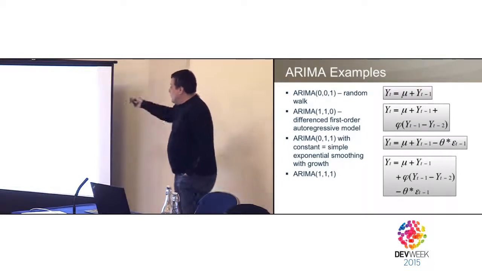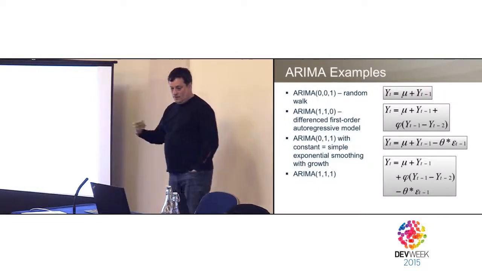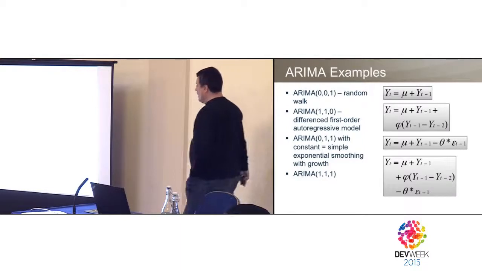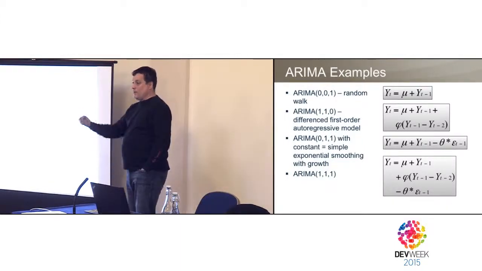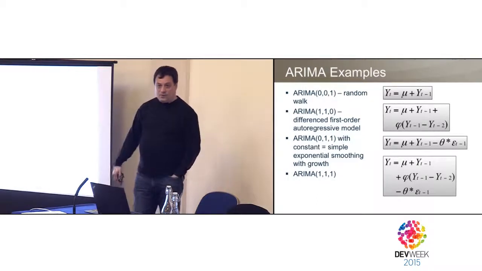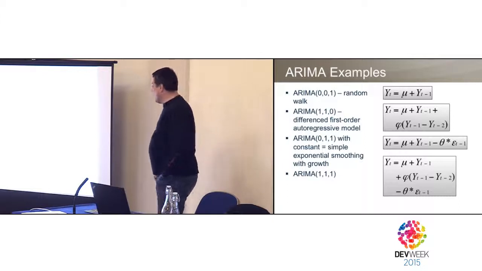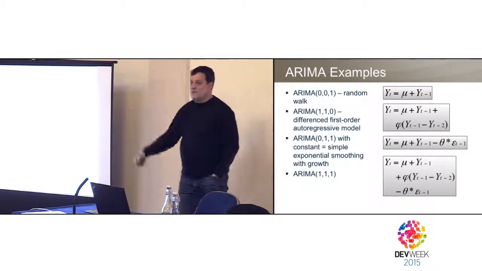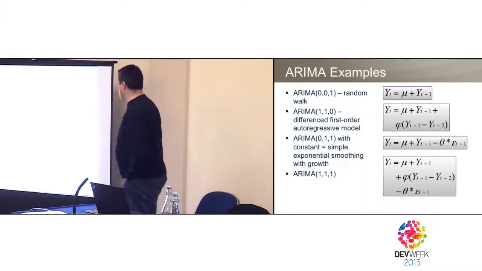So now we have a family of algorithms or a family of formulas. Some of them even have names. So ARIMA 001. In every time point, I'm just adding a random error, so it's a random walk. Or ARIMA 110, I'm not taking care about errors, but I'm using one previous time point for difference and one for lag.